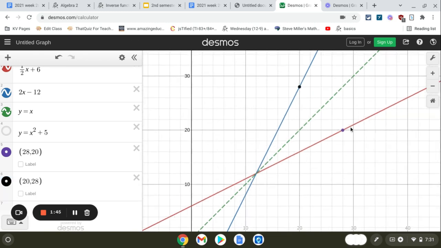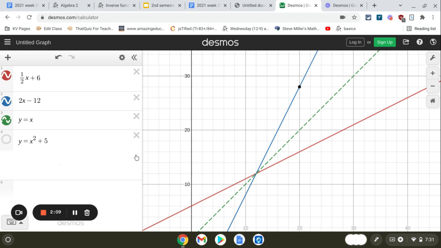There it is. Point by point, they are just a reflection of each other across this green line. The x and y values are just swapping with each other. That's the idea. And that makes sense that that should happen because that's kind of what we did. We swapped the x's and y's to find the inverse originally.